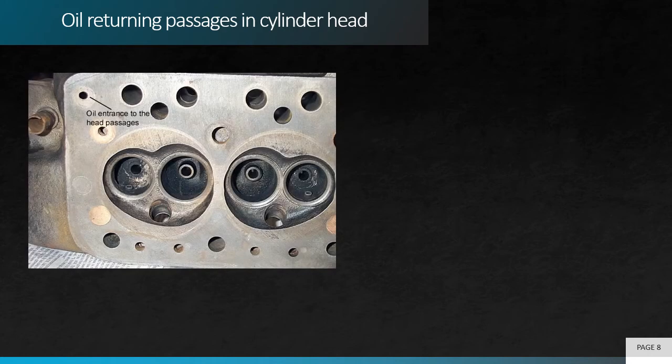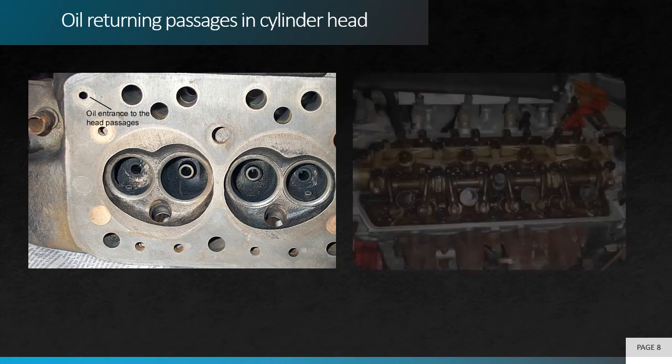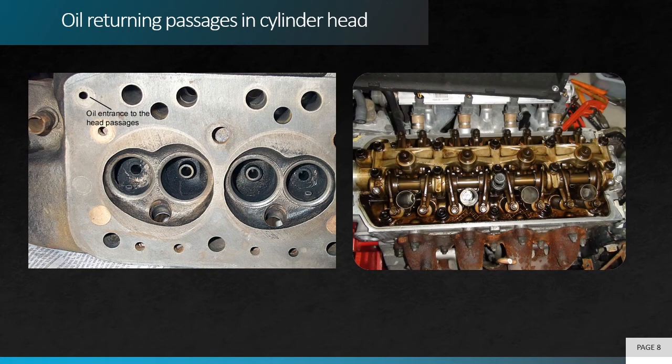From the crankcase area, it passes through the engine block oil return passages, going through the cylinder head and to the valve train assembly on the upper part of the engine.